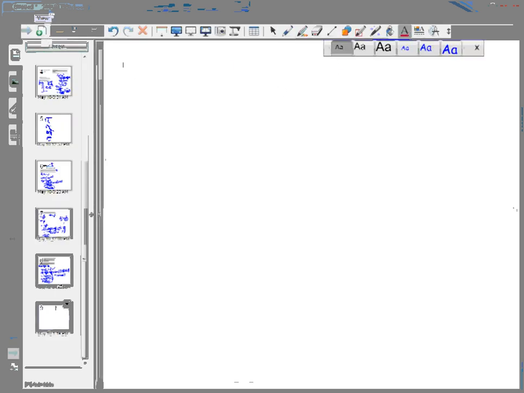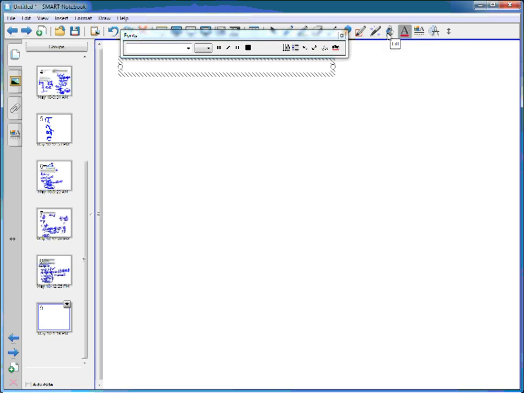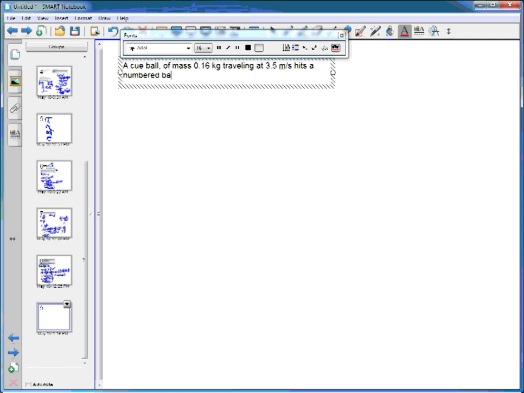So let's say the example that we're going to give is a cue ball of mass, I don't know, let's make up a mass, I think if I can remember it right, it was 0.16 kilograms, traveling at, let's say, 3.5 meters per second, hits a numbered ball of mass 0.17 kilograms, and bounces off at a speed of 2.6 meters per second.